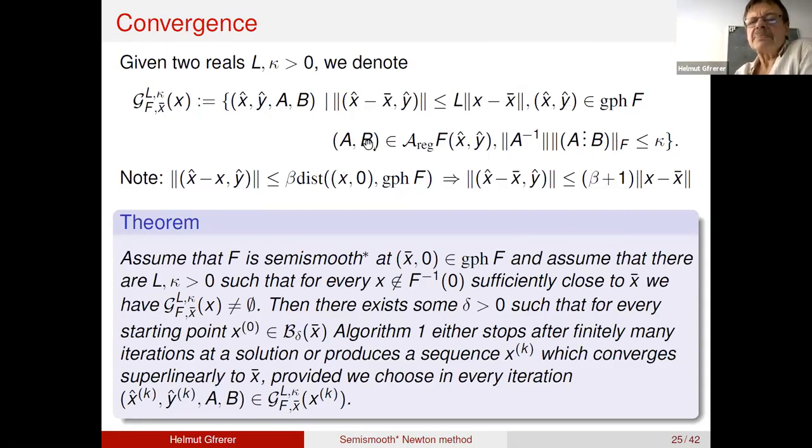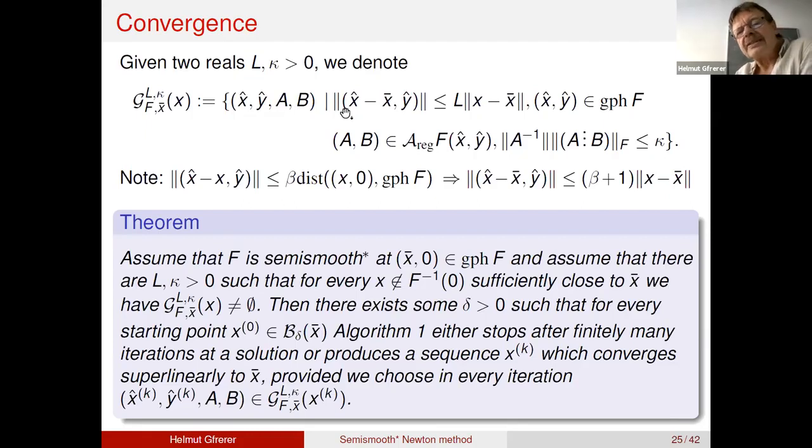And A and B belong to the set A reg of F, such that this quantity here is bounded by kappa. This set G of x means these are the points x hat and y hat, which we have to choose in our approximation step, and these are the matrices A and B, which we have to choose in our Newton step.